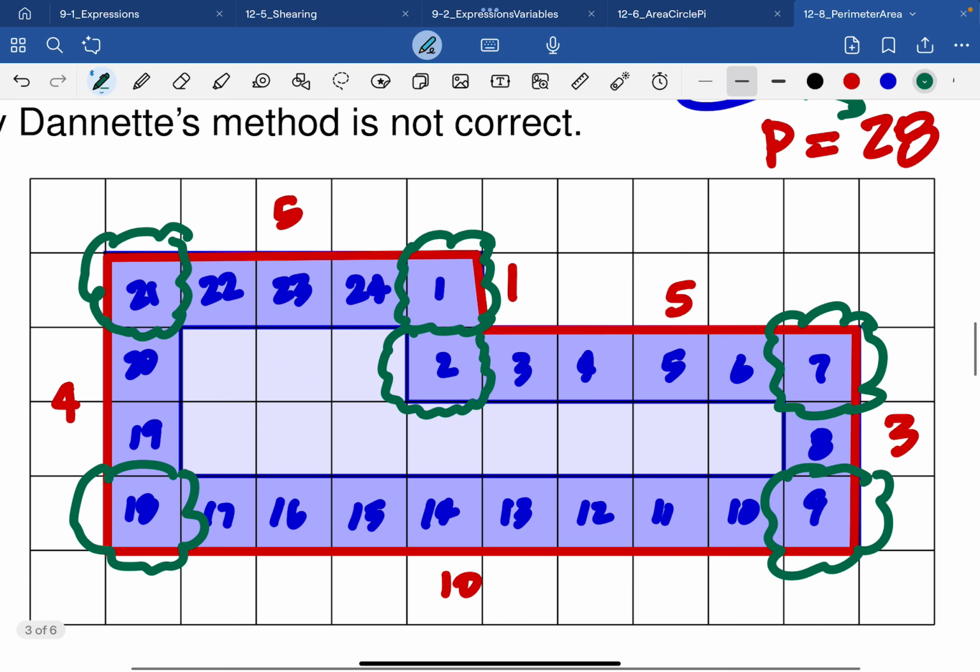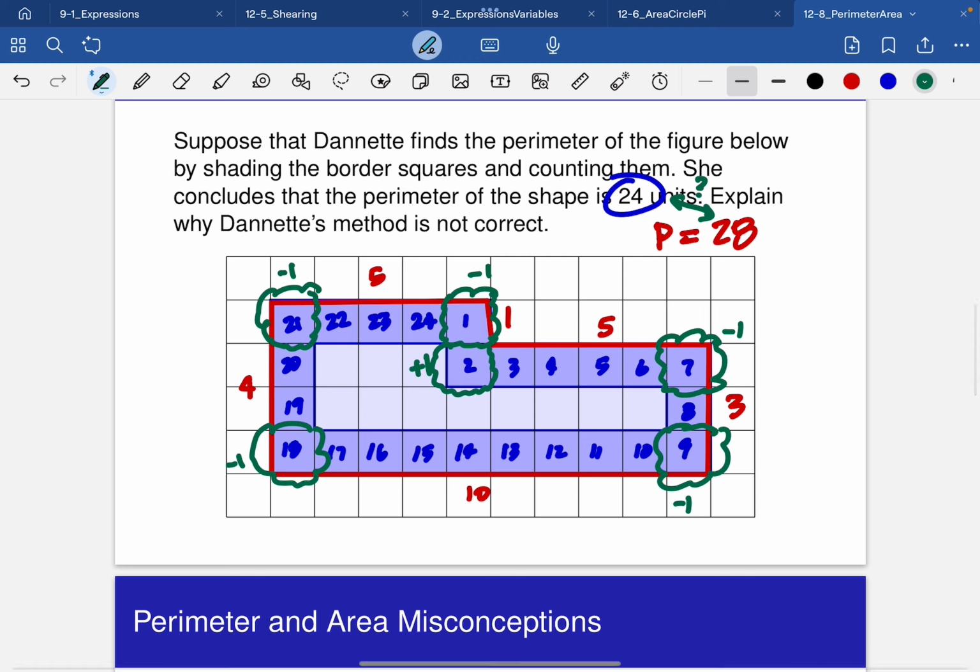So we have 5 units where she's undercounting by 1, so these are all minus 1s, and she's overcounting by 1 on this one, so that would be a plus 1. The net effect is that she's under by 4, because she undercounts by 5 and overcounts by 1.